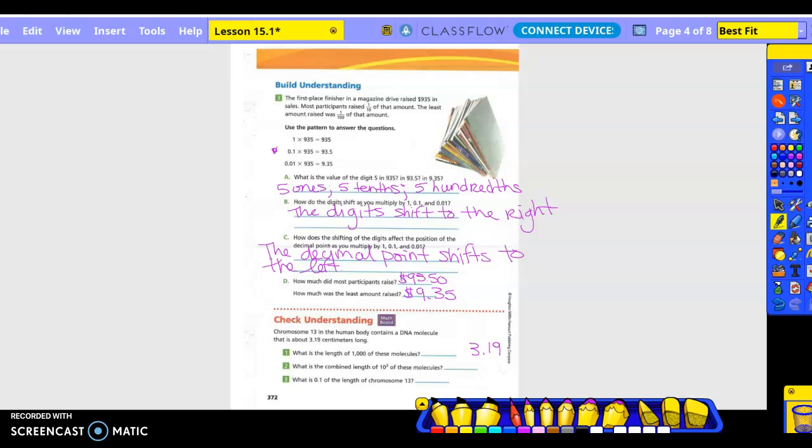So am I going to move to the right or to the left? To the right, because it's a whole number, correct? How many zeros do I have? 3. So I'm going to go 1, 2, 3, and I have to put a 0 in there to hold my spot, so it would be 3,190 centimeters. So that would be showing my work, right?